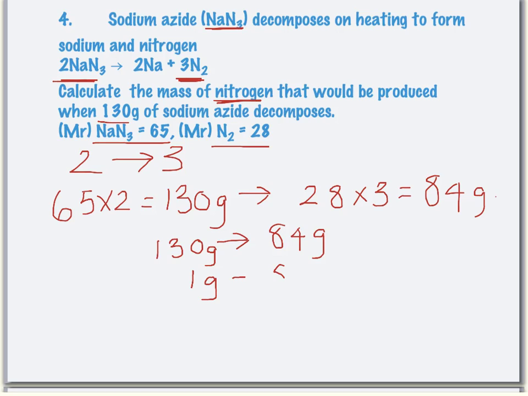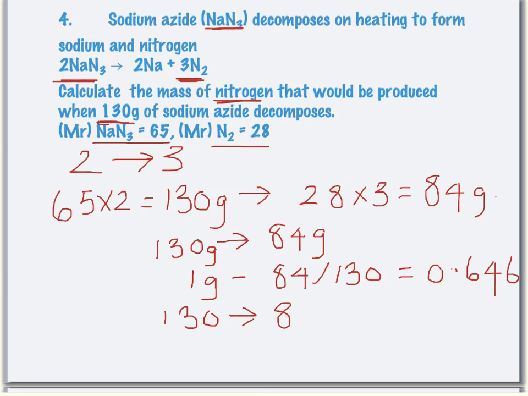So that will be 84 over 130, which is going to give us 0.646 grams. And the question is asking us, we've got 130, so obviously 130 is going to make for us 84 grams.